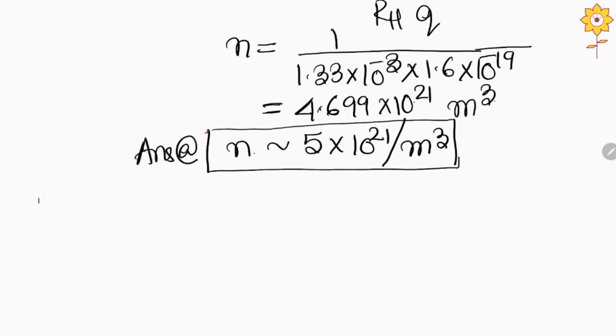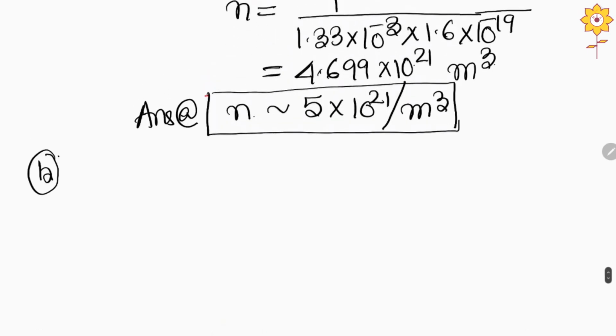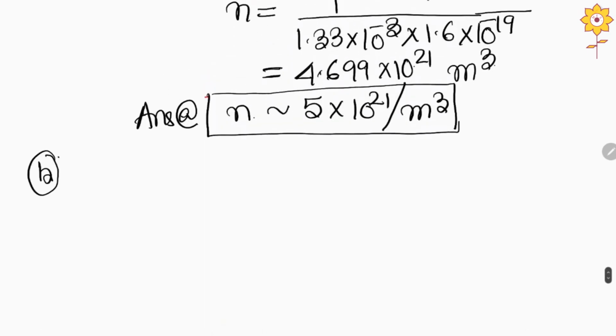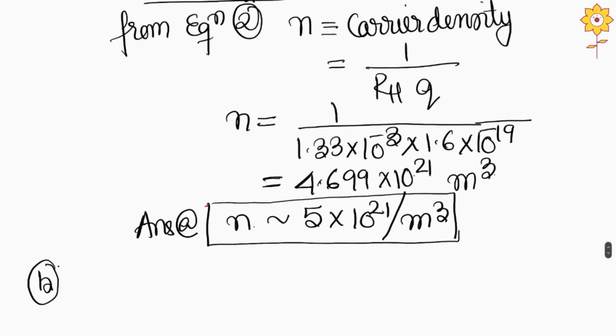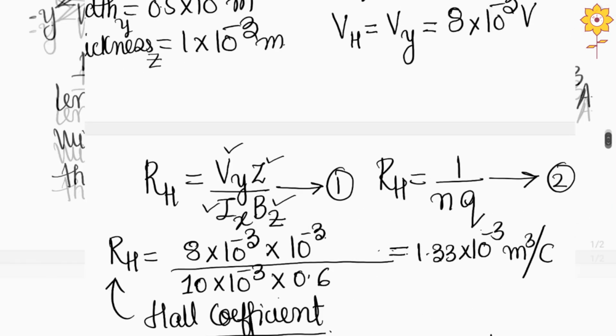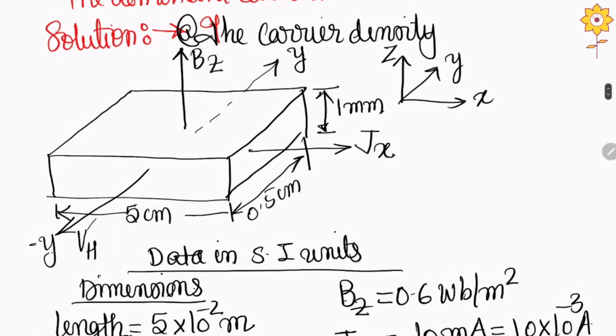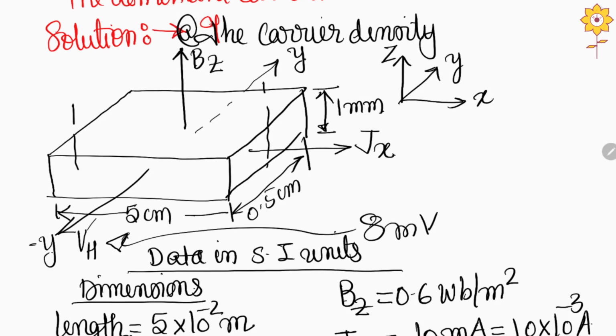Now we go to the B part. Be careful over here, students, that he is actually saying the longitudinal voltage. There are two types of voltages. There is one voltage which is the 8 millivolts he has already given us. And there is another voltage which you have applied across this slab in this direction, so that there is a flow of electrons.